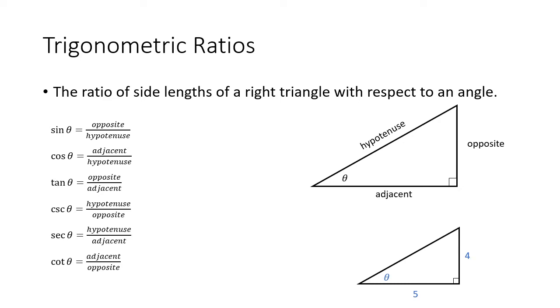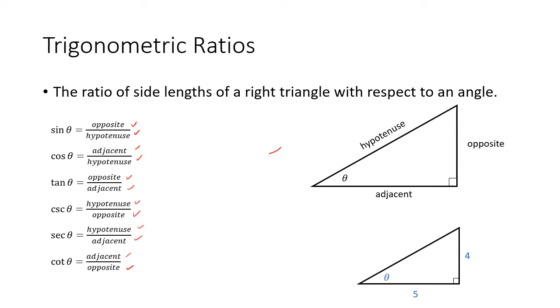Whereas sine is opposite over hypotenuse, cosecant is hypotenuse over opposite. It's the flip of that, the reciprocal. Cosine is adjacent over hypotenuse, secant is hypotenuse over adjacent. Tangent, opposite over adjacent, cotangent, adjacent over opposite.